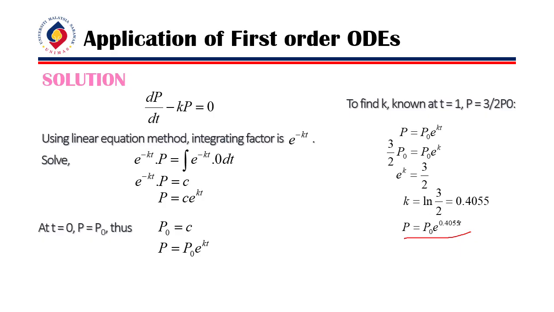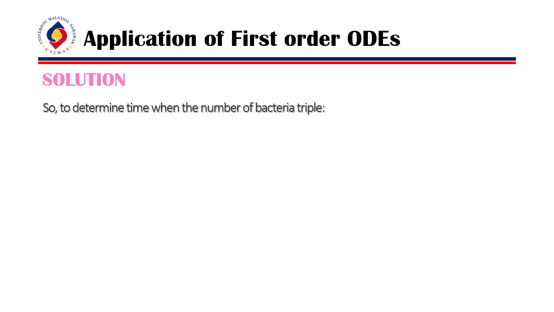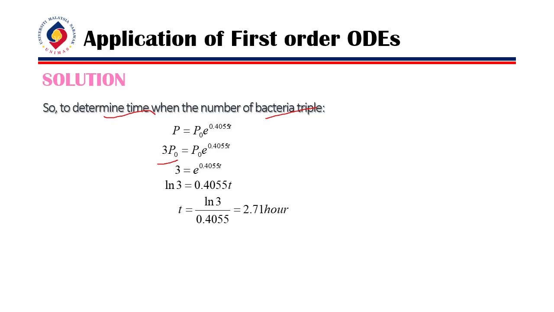After you find this equation, then you can solve the problem. In the problem you have to determine the time when the number of bacteria triples. So this is how you plug into the equation that we have derived, and then you can get the time. That means approximately after 3 hours, the bacteria growth is triple.